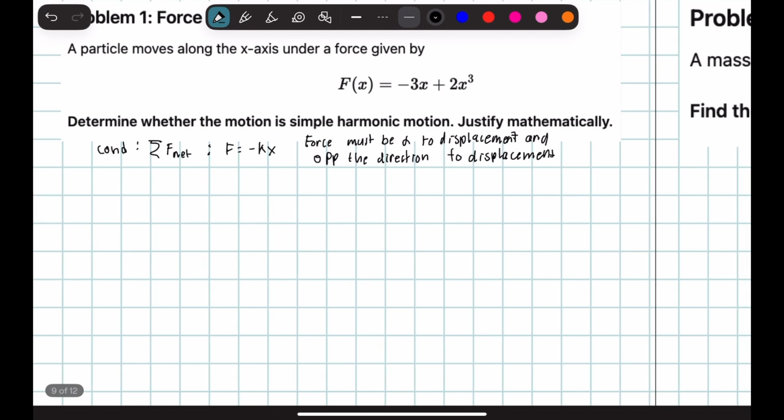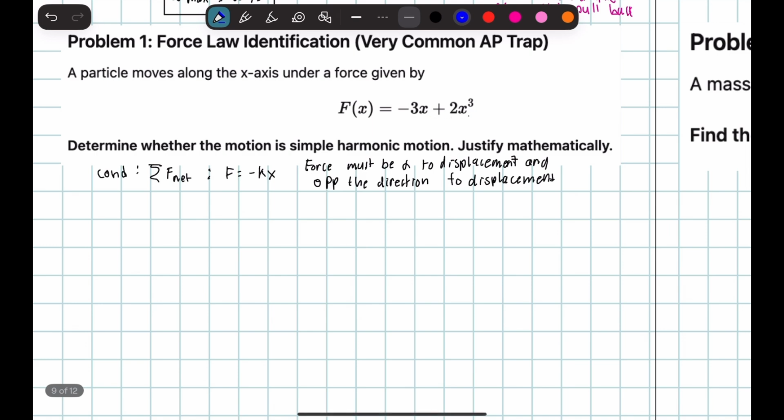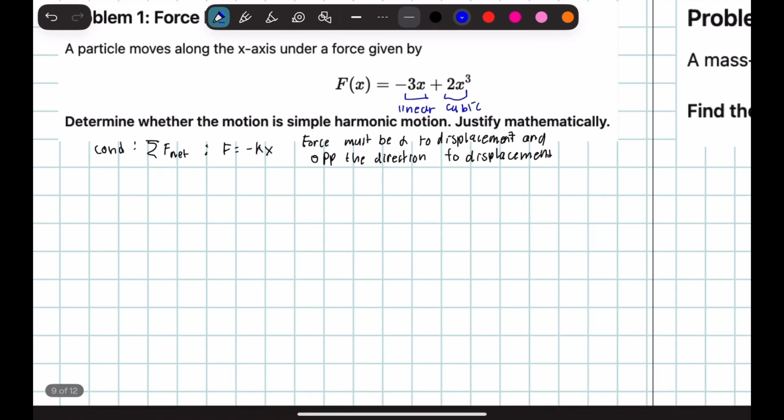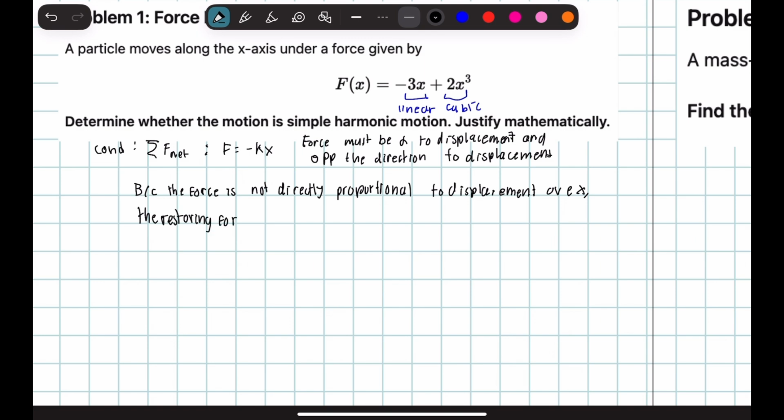And if we analyze the force that we're given, we see that it includes a linear component and also a cubic component. So because we have this, we know that the force is not directly proportional to displacement x, and the restoring force is not linear.